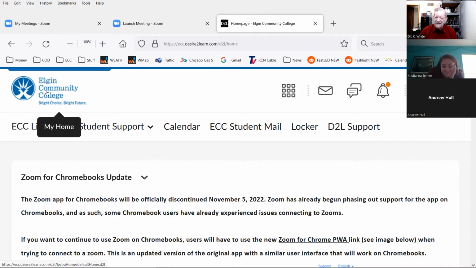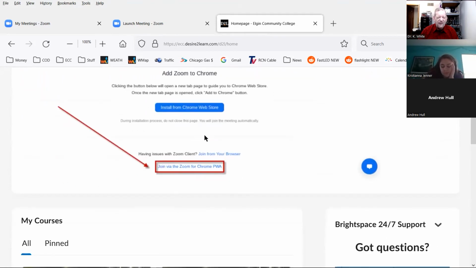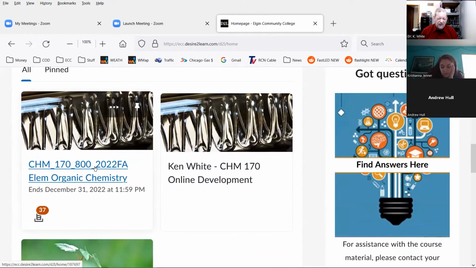If you get an error page, scroll to the top, and where you see the Elgin Community College logo and name, click on that. It'll take you to this page, which talks about Zoom for Chromebook updates. Scroll down until you see pick the course.